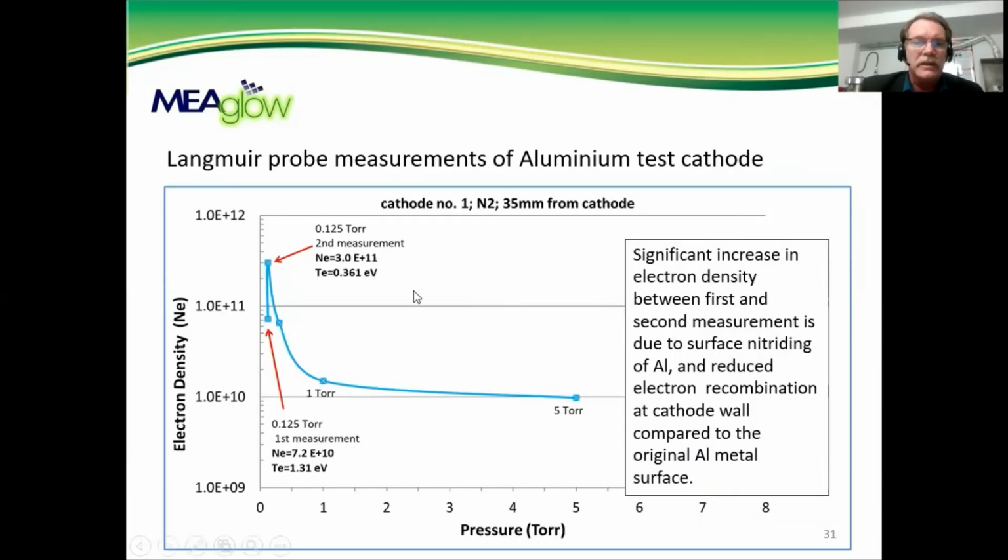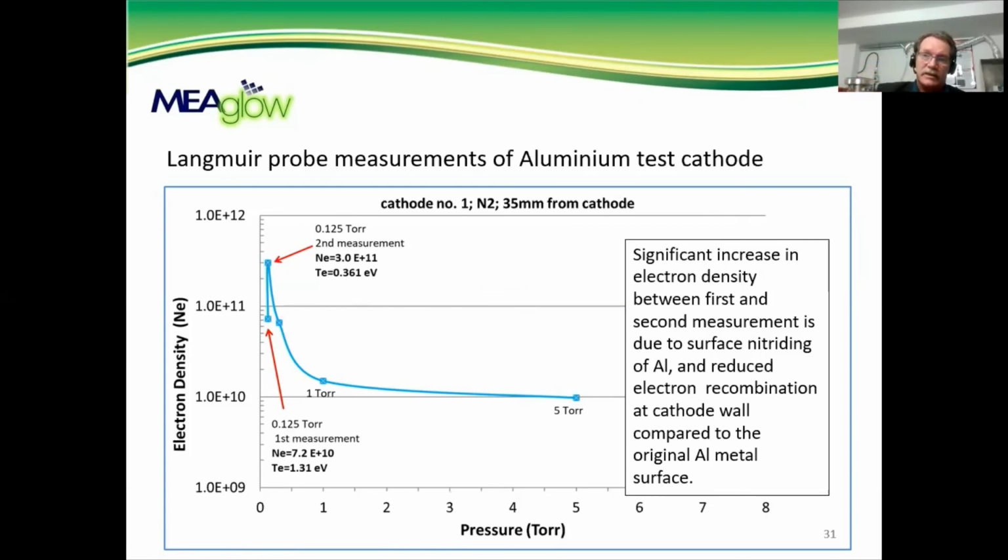And this is showing some interesting effects for the nitrided cathode. With the initial cathode, we saw an electron density down here for this particular set of conditions. This is measured with the bare metal, but the bare metal very quickly nitrides. At the end of this first measurement, the cathode was almost fully nitrided, and we redid the measurement, and we found that we were about half an order of magnitude higher in electron density.